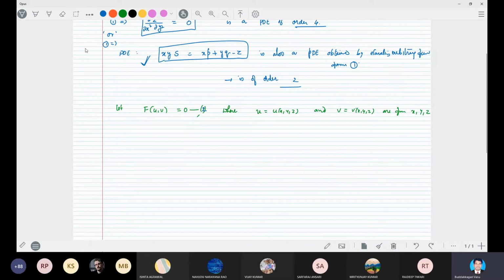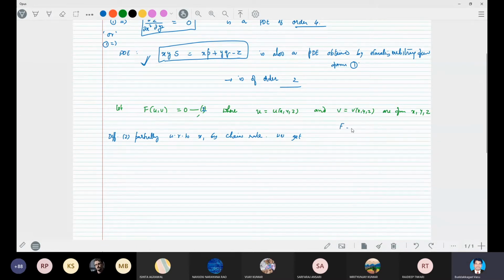So now differentiating 2 partially with respect to x by chain rule, because z is a function of x, y. So we get, what is the differentiation of F with respect to x? Can anybody say?